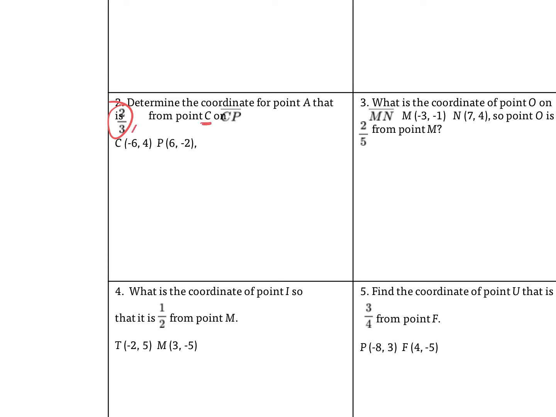So I have my x values here and my y values here. Along my y, if I draw my number line, because we're starting at C, C starts at +4 and goes to -2.